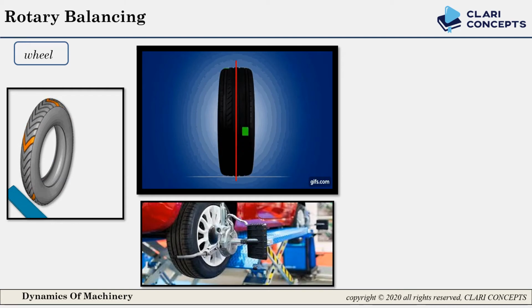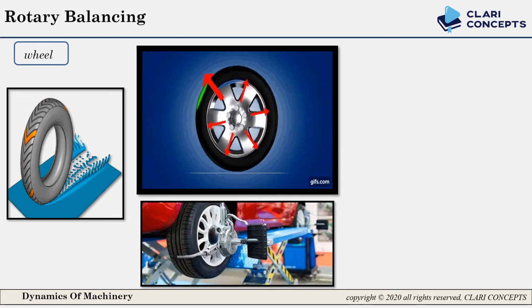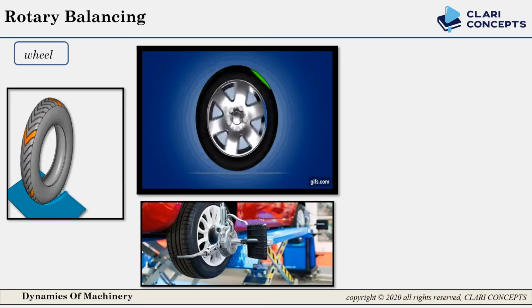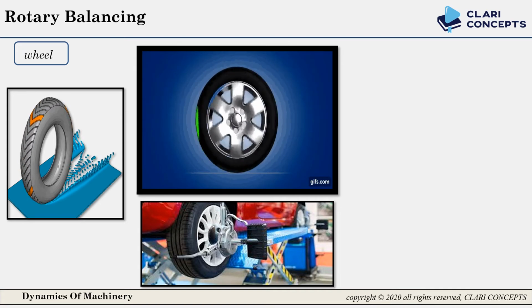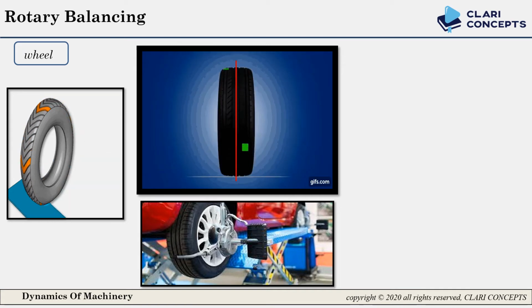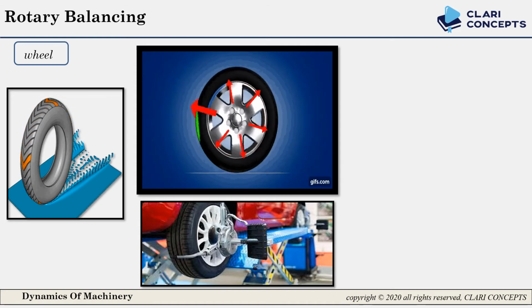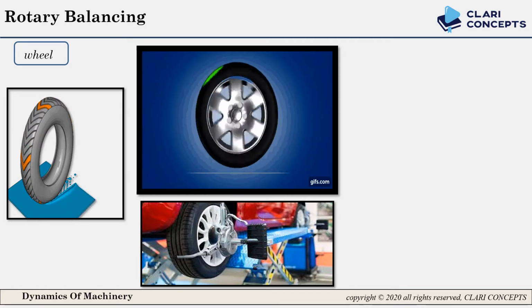Now another question in your mind: how will I know that my wheel is unbalanced or how much mass I have to keep? For that, a balancing machine is used, which shows the required mass to make your wheel balanced by the computer. Here you can see a green spot on the tire which shows unbalanced mass, and due to that unbalanced force is created.